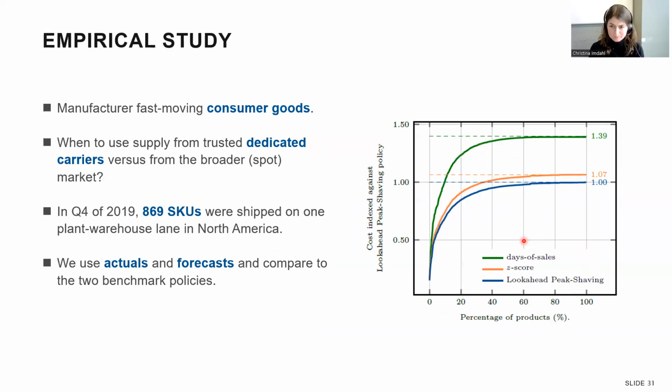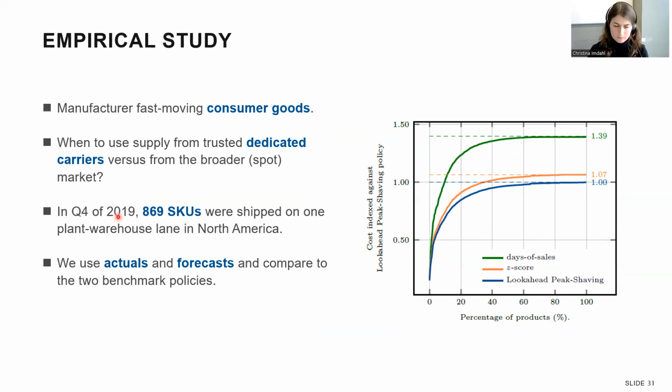Then lastly, the comparison in the small empirical study that we had. So we looked at the goods of this fast-moving consumer goods manufacturer. We looked at one quarter, so the shipped quantities in one quarter of 2019. Those were around 900 units that were shipped between one plant and warehouse combination in North America.